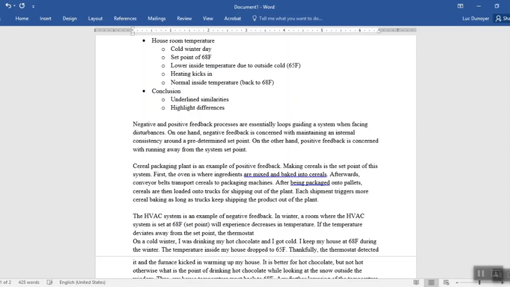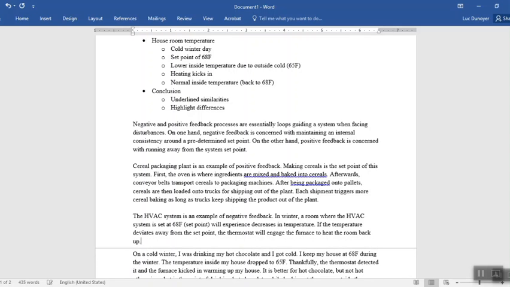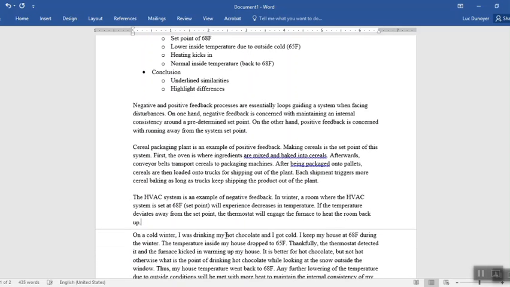From the set point, the thermostat will engage the furnace to heat the room back up. Okay, great. So that sentence is done.